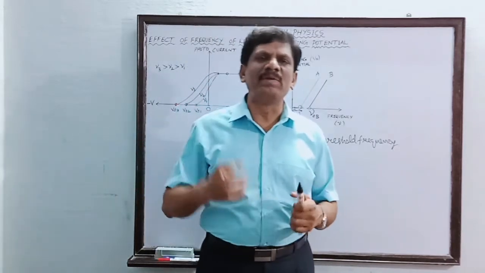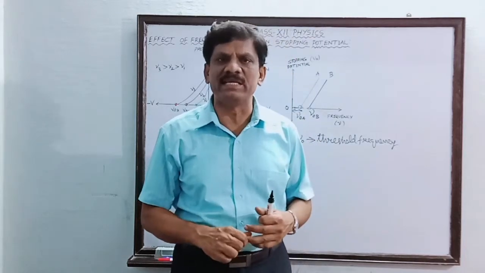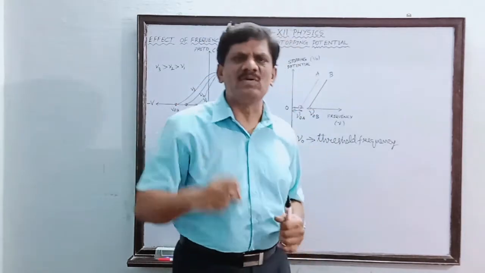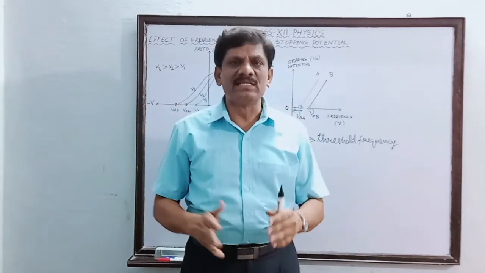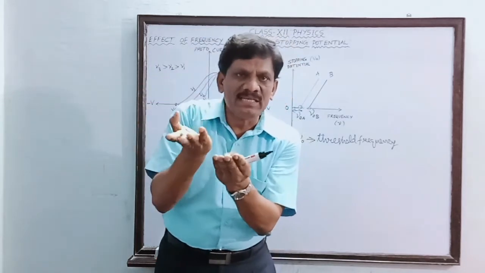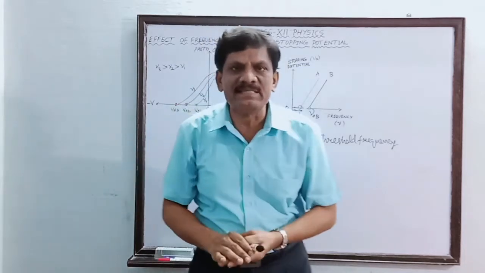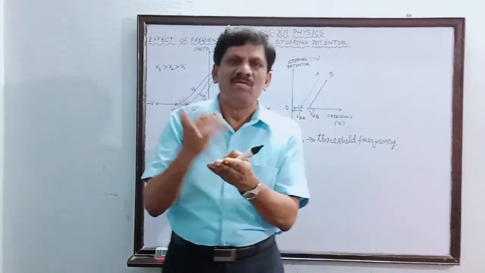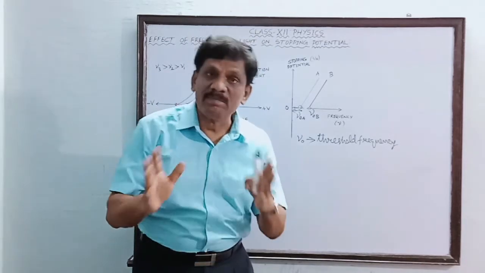Even, for example, if you keep a source of light with frequency less than the threshold frequency very close to the metal, what will happen? More photons will be incident, because when you keep the source very close to the metal plate, the intensity falling on the metal plate will be higher. What do you mean by intensity? Number of photons incident per unit area, per unit time. That will be greater.